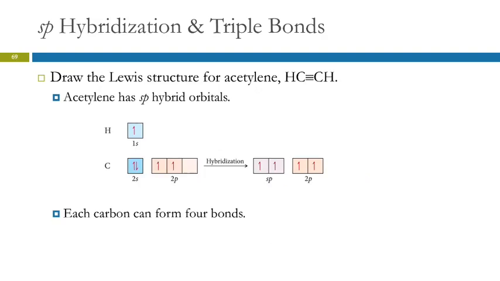So acetylene, it says draw the Lewis structure. That actually is the Lewis structure, pretty much. There's no lone pairs.